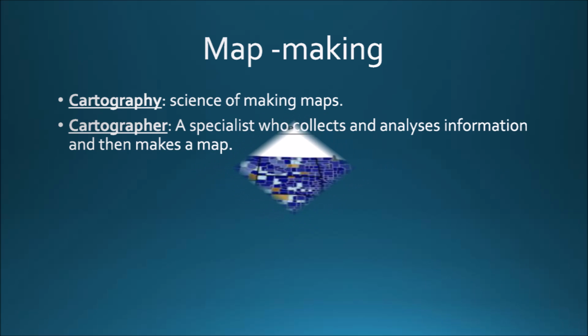Map making. How maps are made. A map is made with great caution. We have to keep in mind lots of things to prepare a map, and we need lots of accuracy, because we can't make mistakes when making a map.